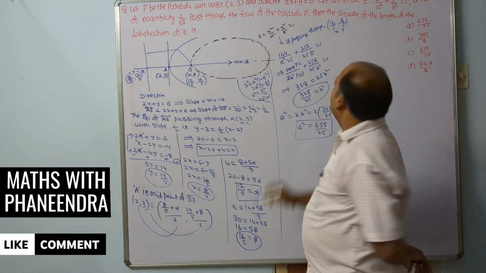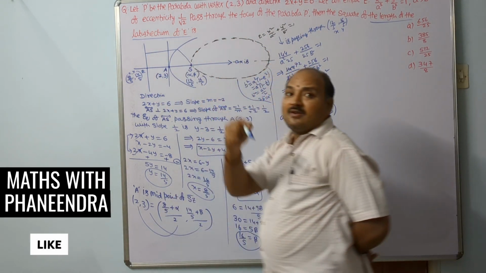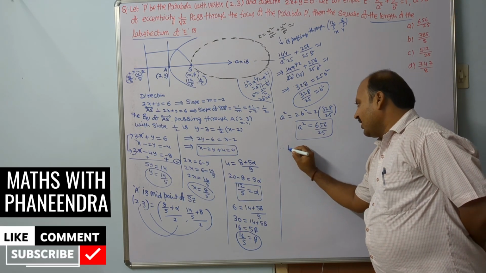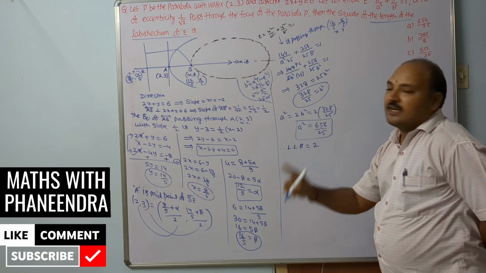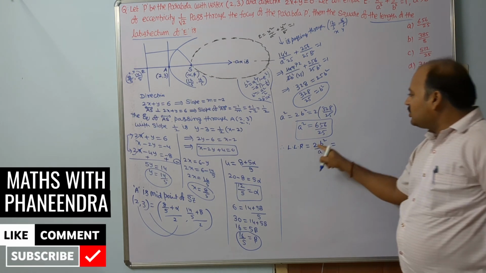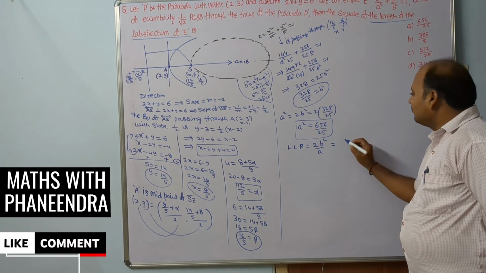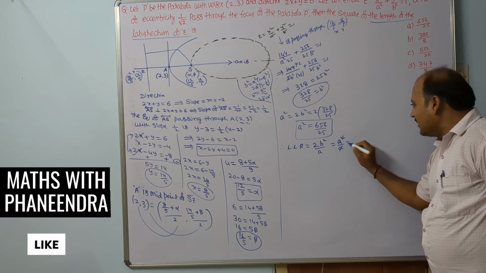But they are asking the length of latus rectum. Length of latus rectum of the ellipse. Whenever a is greater than b, obviously it is 2b square by a. What is 2b square? 2b square means a square only, no? So a square by a, a gets cancelled.